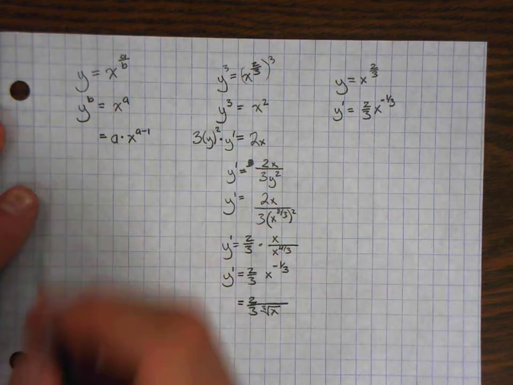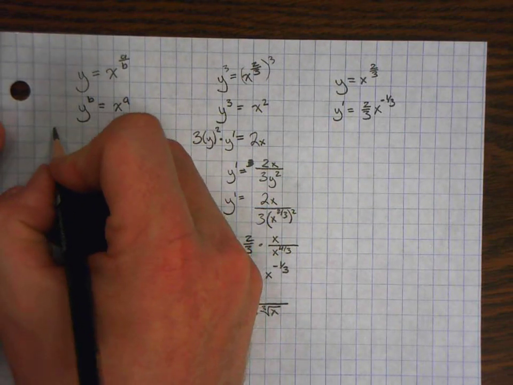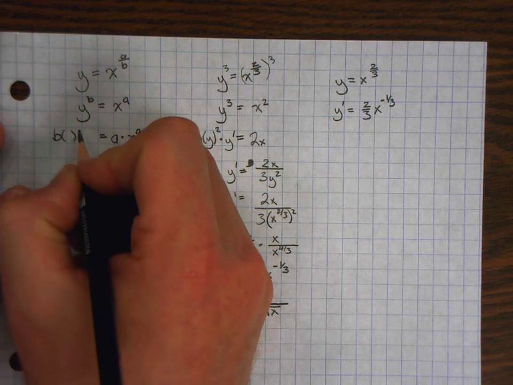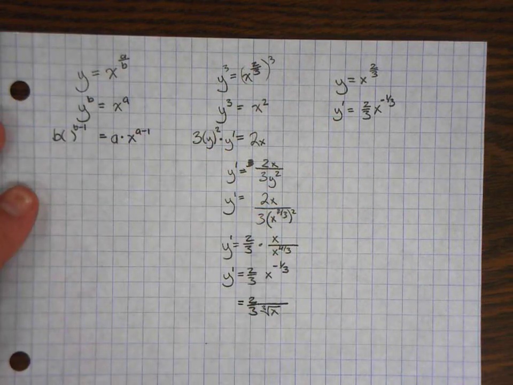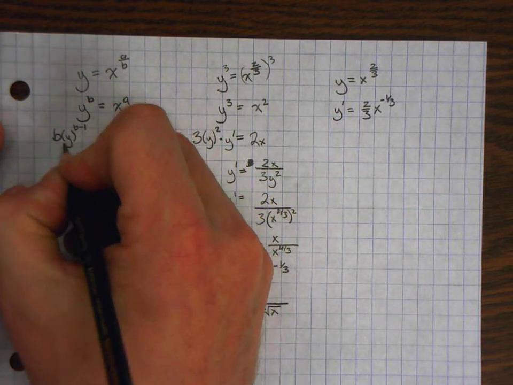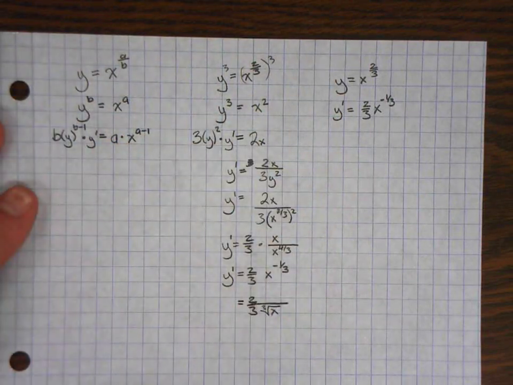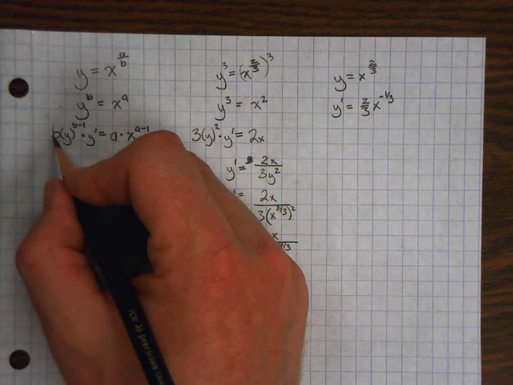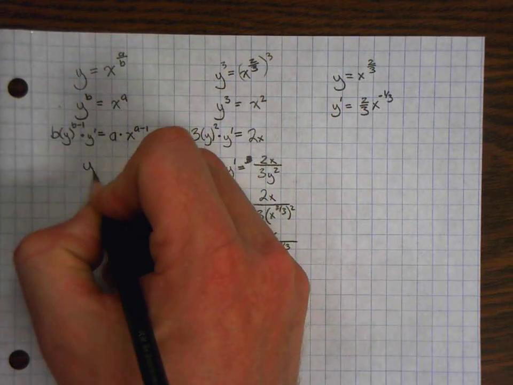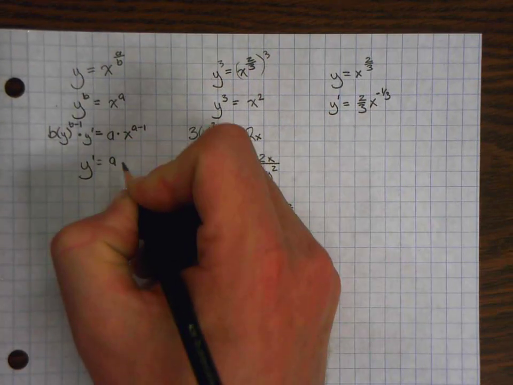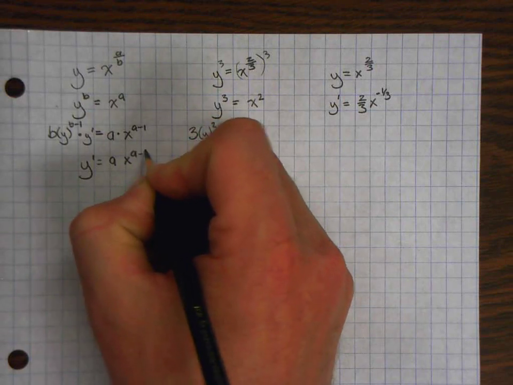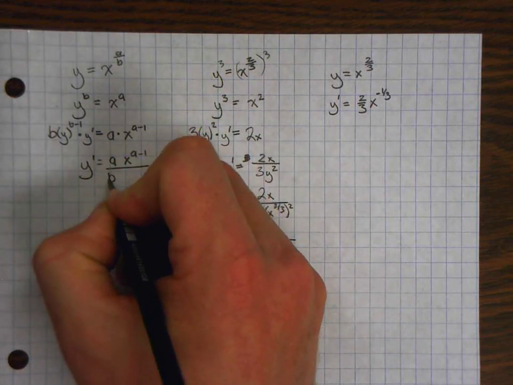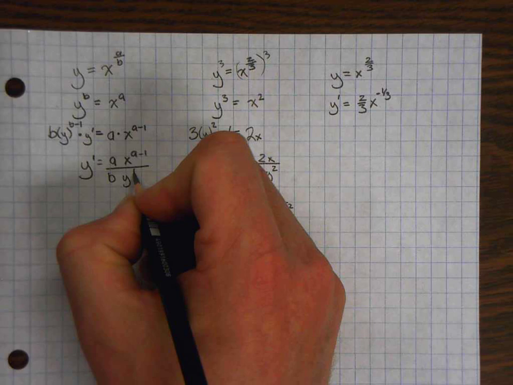So the derivative of something to the b power is b times that something to the b minus 1 power. Our something is y, which has a derivative of y prime. So we rearrange, divide both sides by b times y to the power b minus 1, and y prime is a times x to the power a minus 1 over b times y to the power b minus 1.